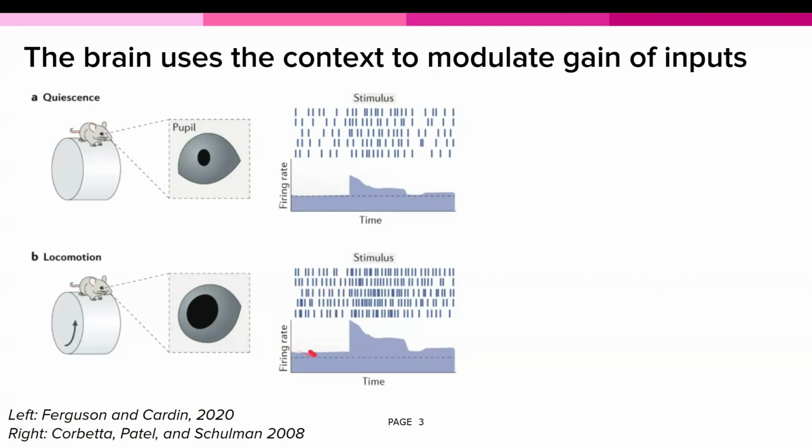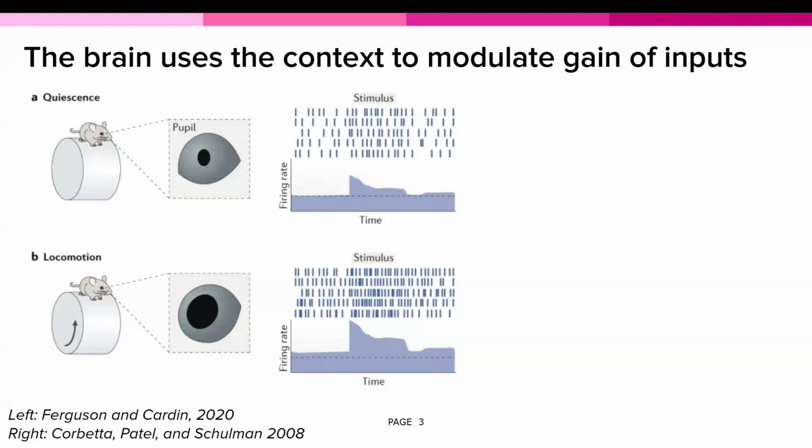When there's no stimulus, there's a basal level of firing rate, and then when the stimulus is presented, the neurons fire, but they fire more than they did when the animal wasn't running. The idea here is that the context scales firing in a multiplicative fashion.